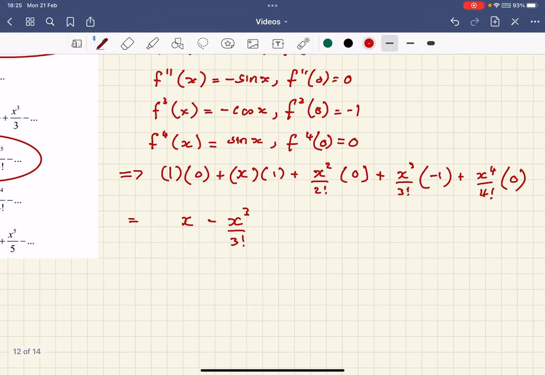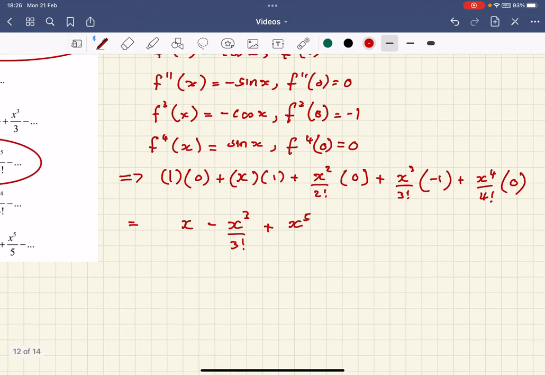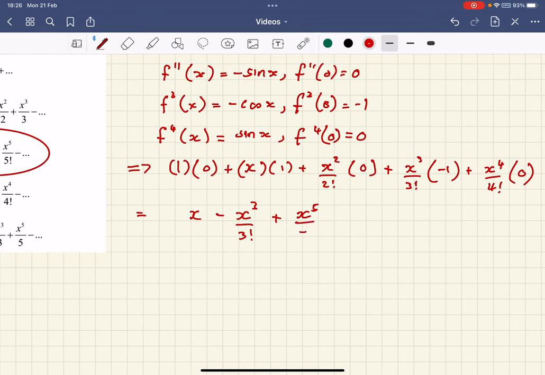Now the next one is going to be a positive. Even though I haven't written it there, I know the expansion is going to give me 1 because f5 is the equivalent of f1. This pattern starts repeating itself. Because it starts repeating itself, there's no x to the power of 6, but there is an x to the power of 7 over 7 factorial, but that's going to be a negative 1.